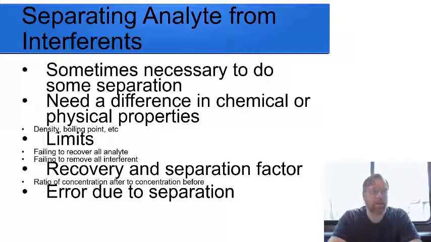Let me pause and... Okay, I've double checked that. It is correct. You want the separation factor to be low. The book goes so far as to say you want it on the order of 10 to the minus 7th to be a usable separation, so that it won't be interfering with your tests.